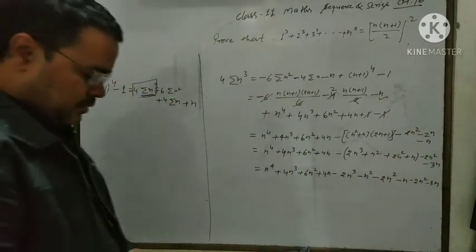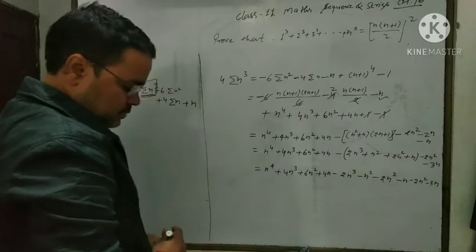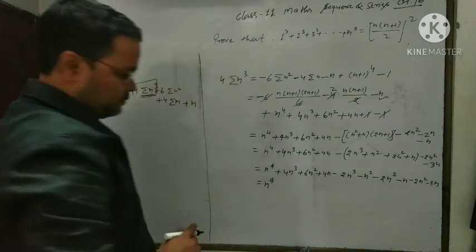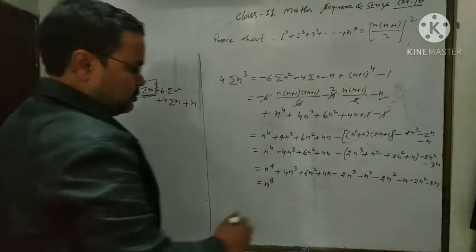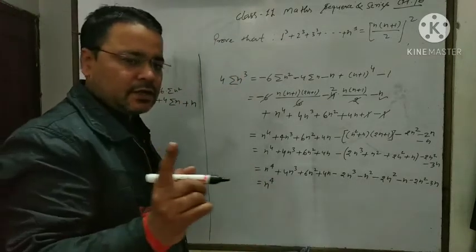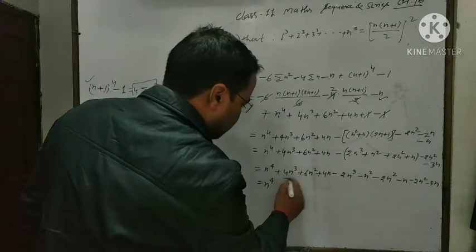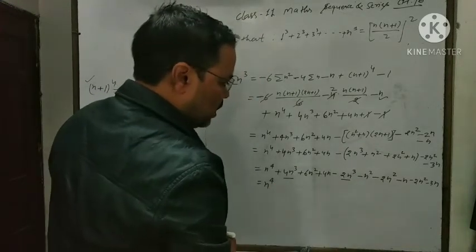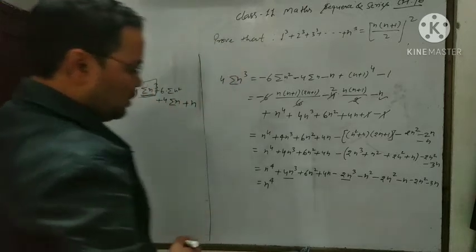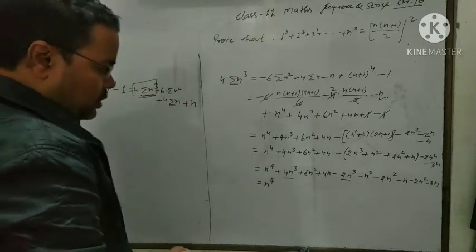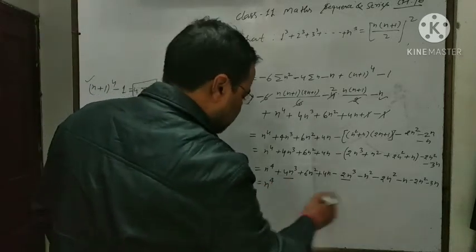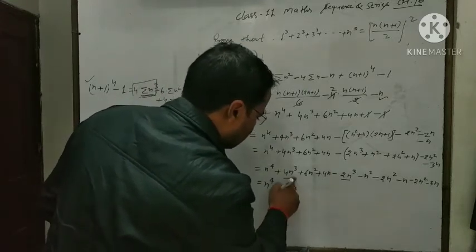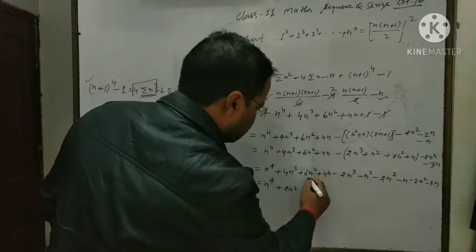Okay. Then here we have n raised to the power 4, n raised to the power 4. Now we should concentrate on n cube. 4n cube and 2n cube, and here 2n cube. Then 4n cube minus 2n cube minus 2n cube, it will be plus 2n cube. Now we should concentrate on n square.